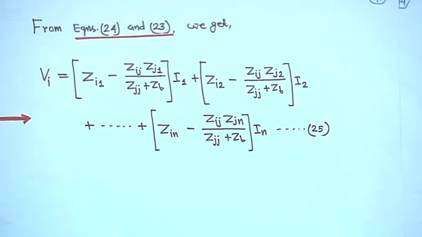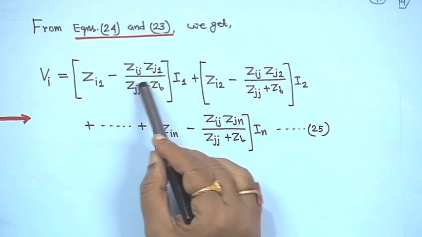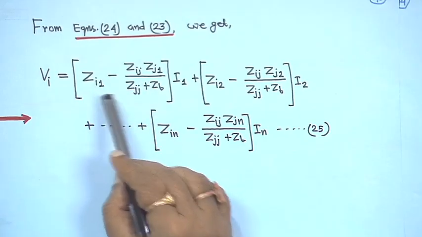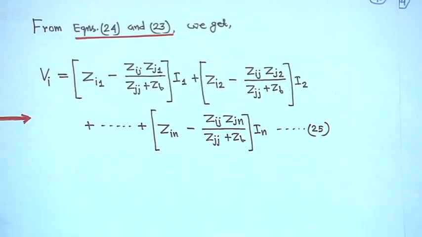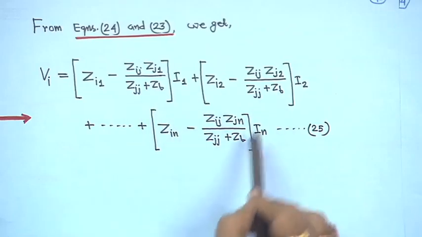By inspection, Zi1, Zi2 are basically elements of the old Z bus, and these are the changes.